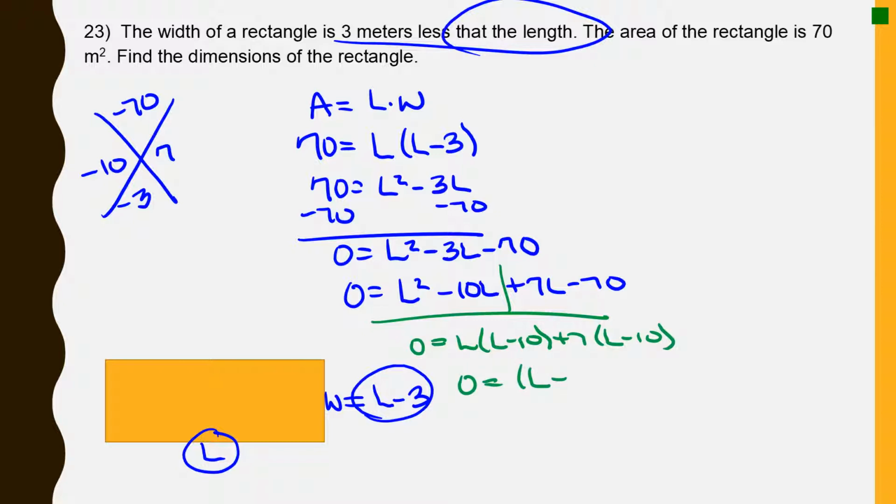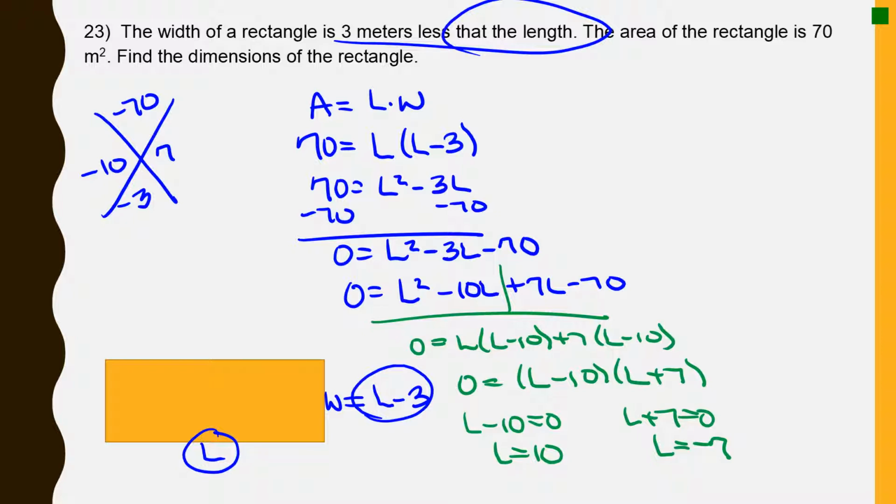So 0 is L minus 10 times L plus 7. So if L minus 10 is 0, the length is 10. If L plus 7 is 0, the length is negative 7. Can the length be negative? No. So the length is 10, which means the width is the length minus 3, which would be 7. So the length is 10, the width is 7.